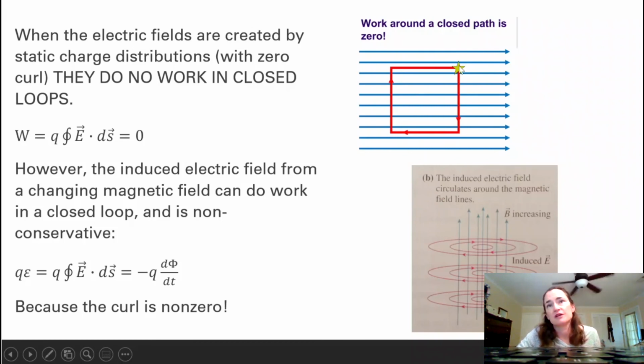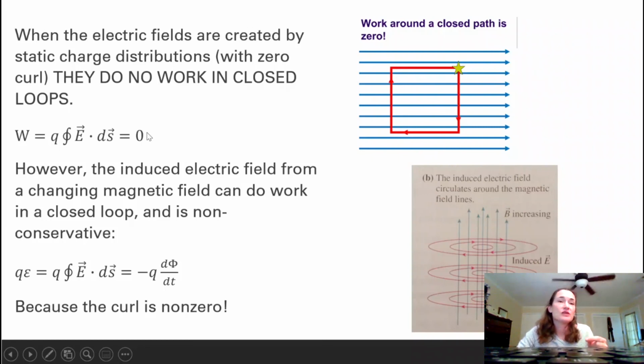When it goes with the field, you get a positive value for E dot ds, and when it goes against the field, you get a negative value for E dot ds. If it makes a perfect closed loop, the positives and the negatives sum to zero. So the work on a charge as it walks around a closed loop due to a static charge distribution is zero. They do no work in closed loops.